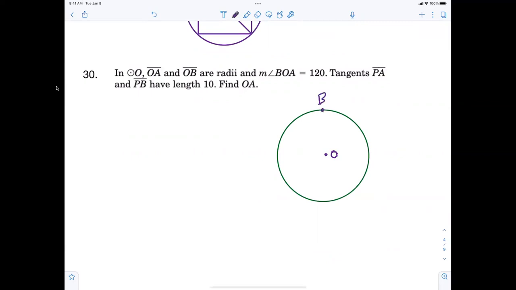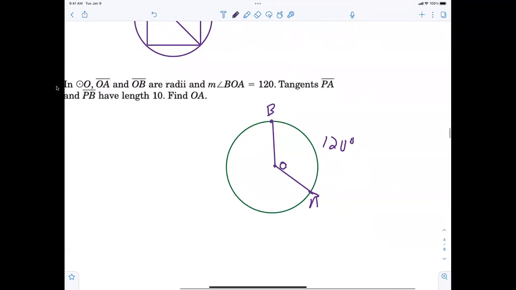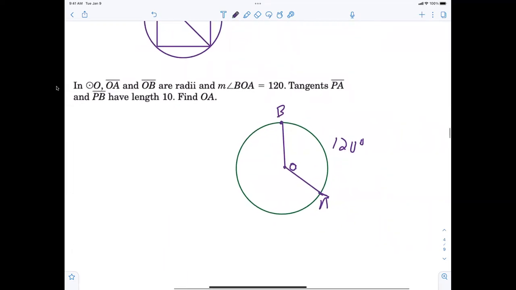So if I call this B, I call this A. So that's 120 degrees. This is letter A down here. So PA and PB have a length of 10.